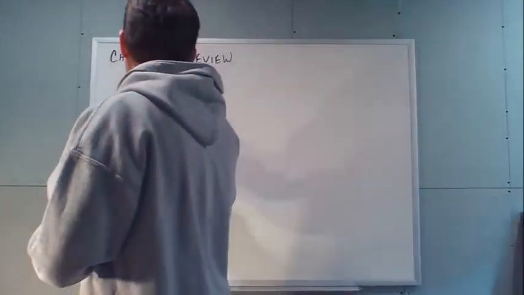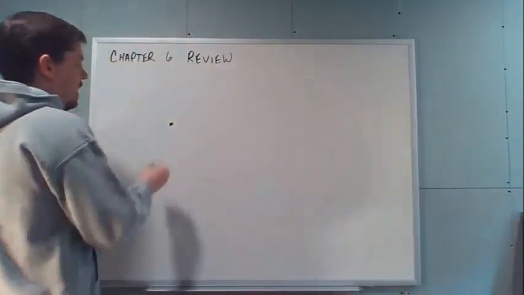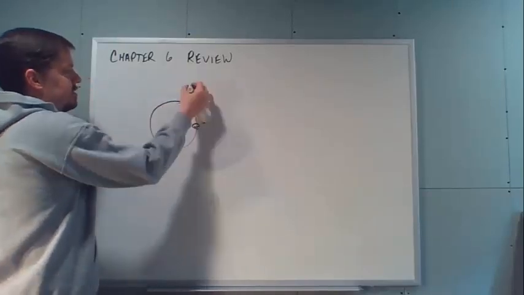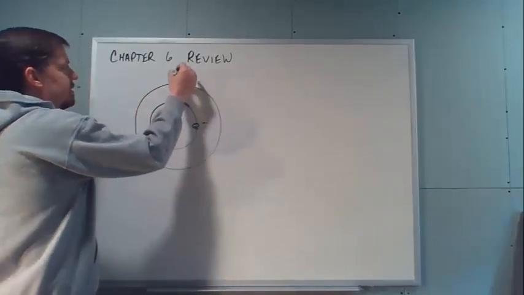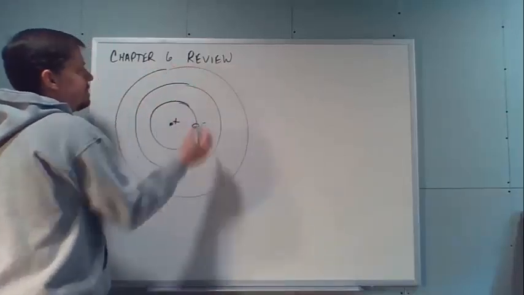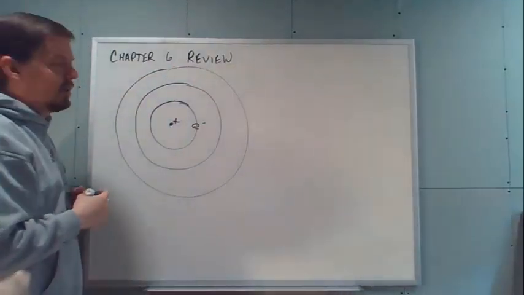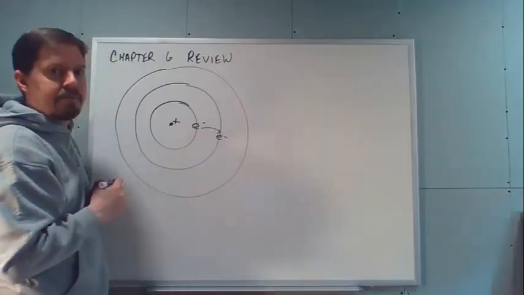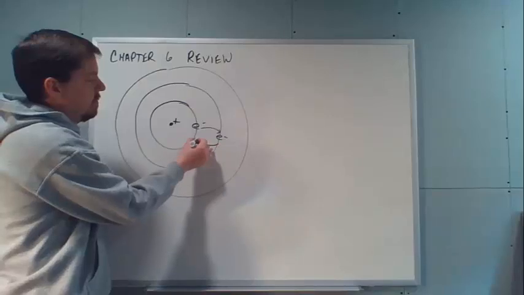So you have the model where you have your nucleus in the middle, and we know that there's a certain attraction for the electrons, and Bohr was working with hydrogen. And so they would excite the electrons, and they would find that the electrons would jump to a higher energy level, and then those electrons would fall back down.